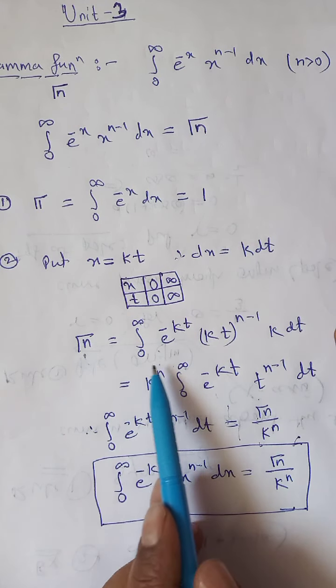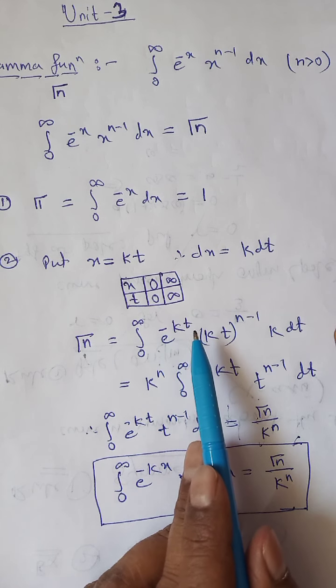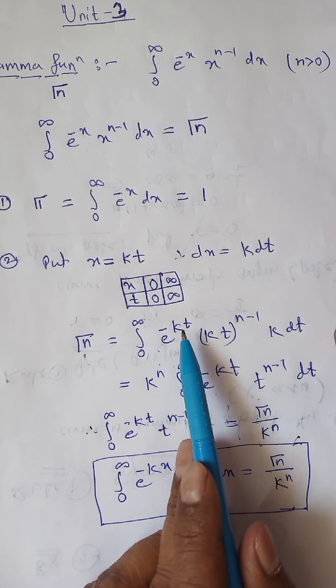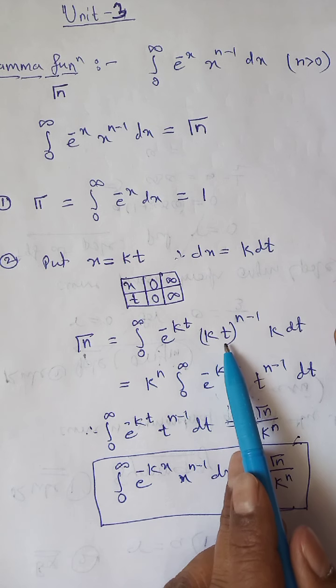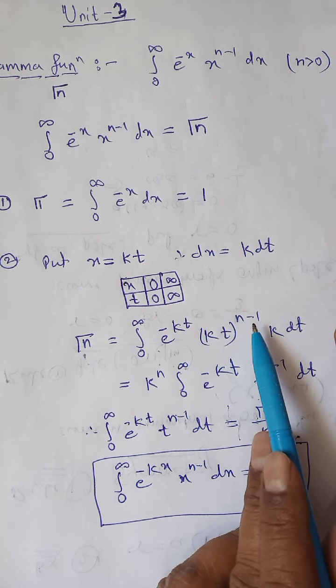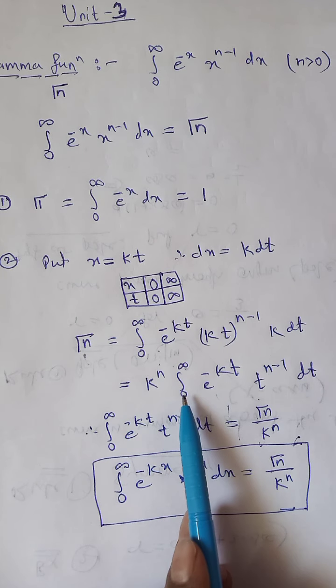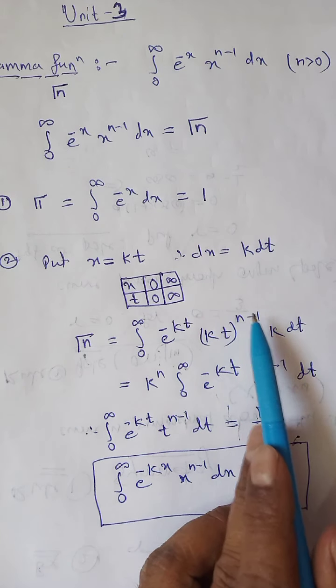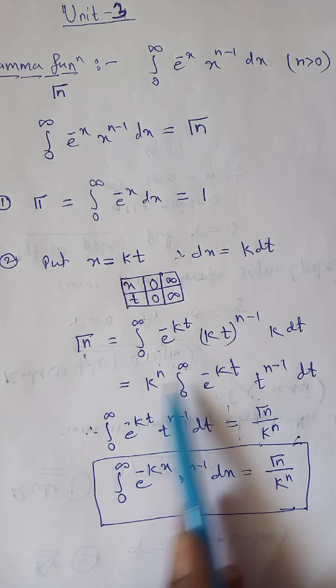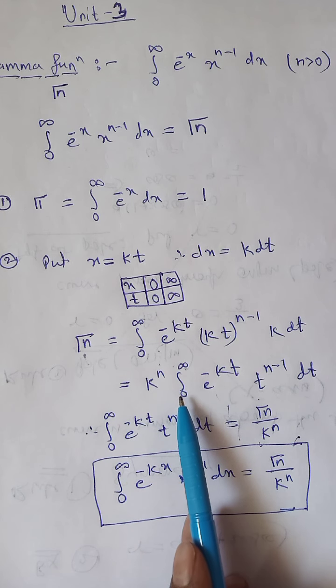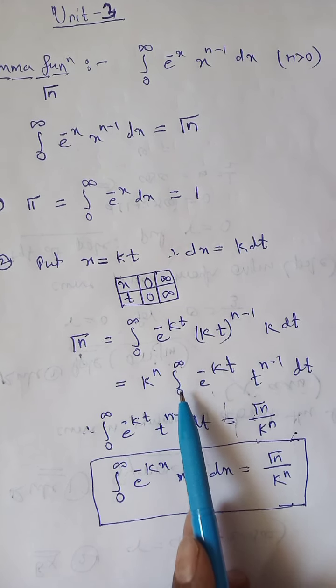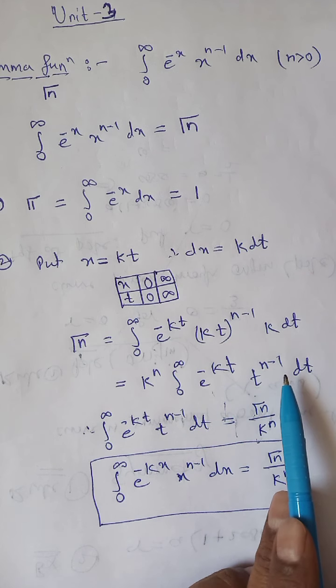So gamma n is 0 to infinity e to the power minus kt, x is kt, so this kt to the power n minus 1, and dx is k dt. So it is k to the power n minus 1 into this k. So k is constant, so we'll take it outside. So we'll have 0 to infinity e to the power minus kt, t to the power n minus 1 dt.